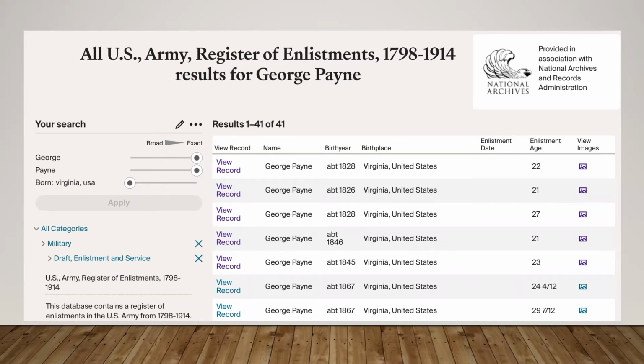So if I have Virginia, 1828, and George Payne, I will probably get 2 or 3, but again, they may miss that 1826 one. So I want to be iffy on the birth year, because about is about. But again, I would have seen a lot more people if I hadn't included Virginia.